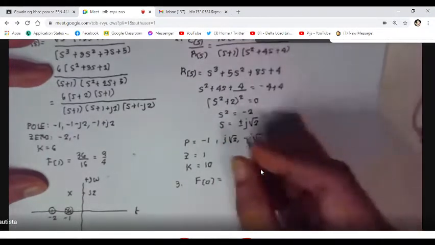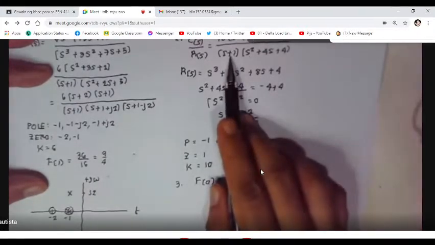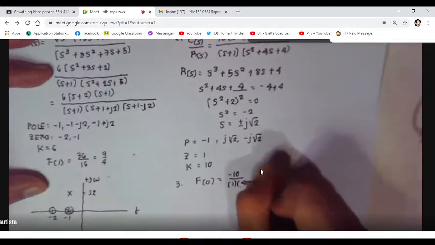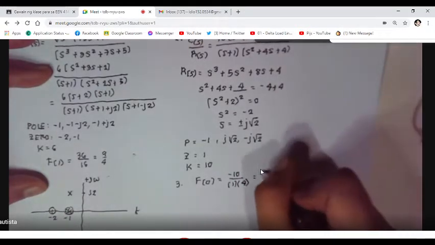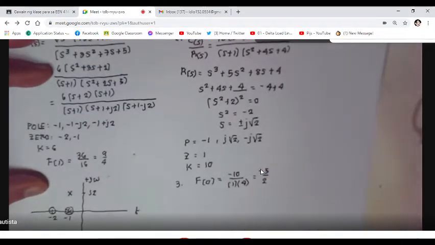So, that is negative 10 over 1 times 4, negative 5 over 2. That is the answer when f of 0.